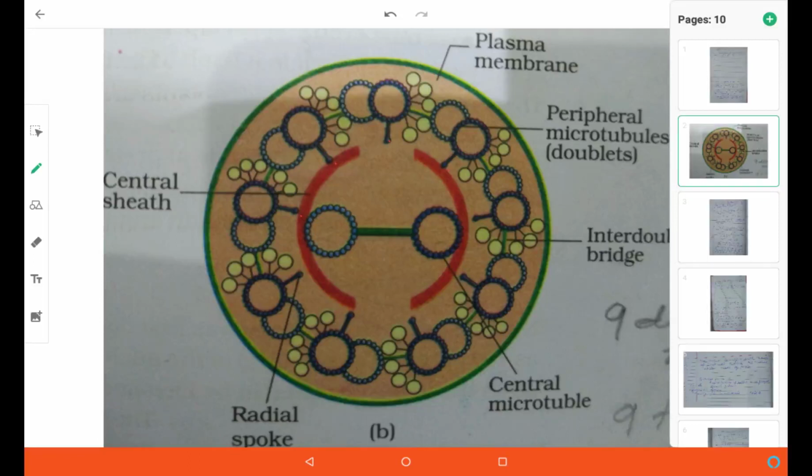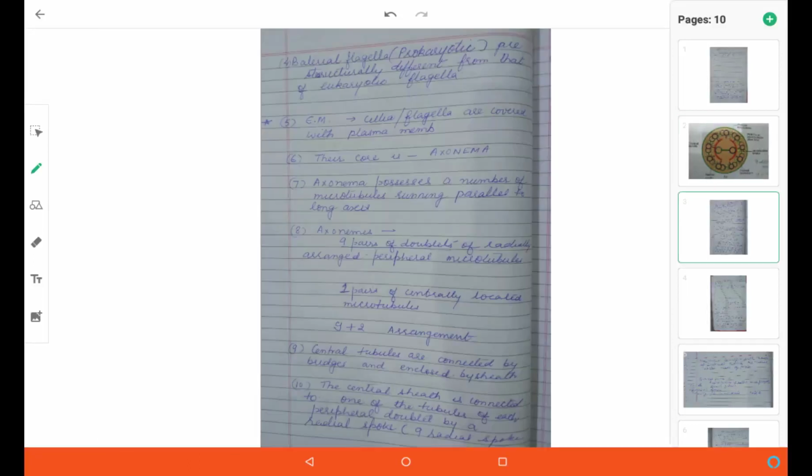The doublets themselves get connected by interdoublet bridges. Then there is a difference between prokaryotic or bacterial flagella and the flagella of eukaryotes, in the sense that bacterial flagella are made up of flagellin protein.